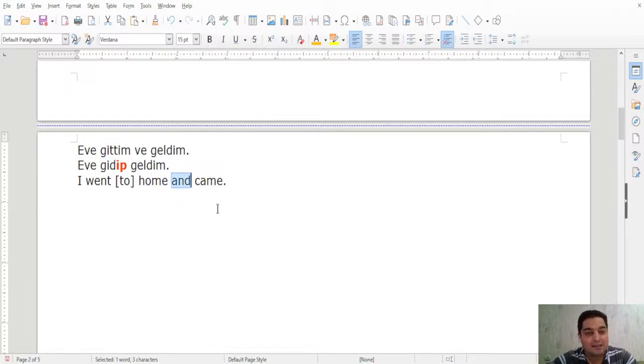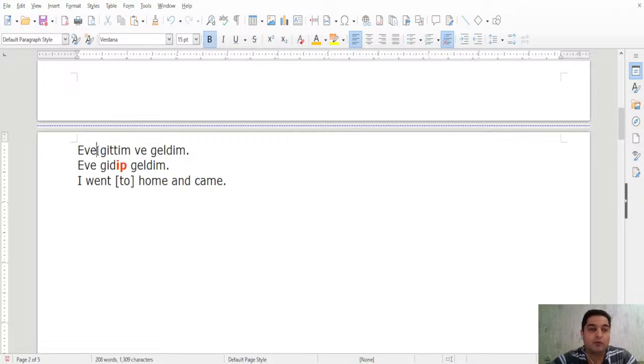So that and is hidden here. So actually this ip means the verb and, okay? So I went home and came. If you really want to translate this gidip, it means I went and. That will be gidip. I went and then geldim will be came.